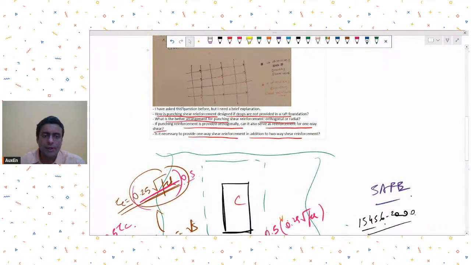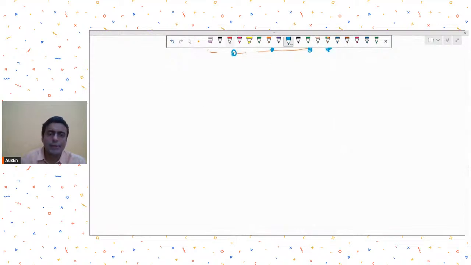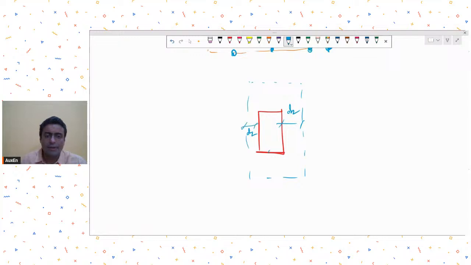The other way of providing punching reinforcement is like a beam. So in that, what we do, let's say this is my column and the critical perimeter all around was d by 2. All these things we have discussed in detail in our flat slab online course, but here because of time constraint, I'm not able to take it up fully.